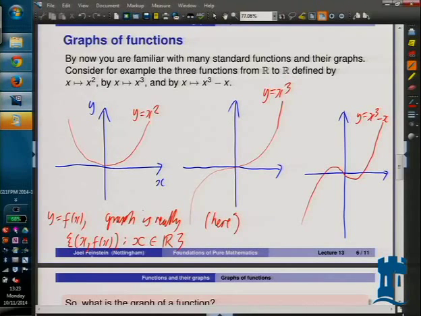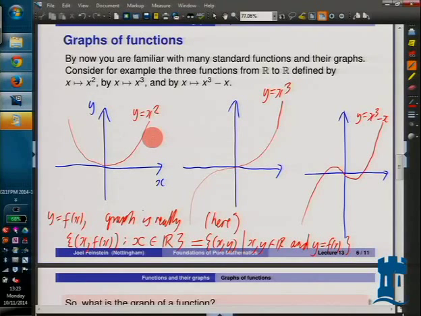The ordered pairs that are included on these lines, right? So we look at what's on these lines. It's the point (x, y), where y equals f of x. So that's also equal to the set of (x, y), where x and y are in R, and y equals f of x. And that's a subset of R squared.